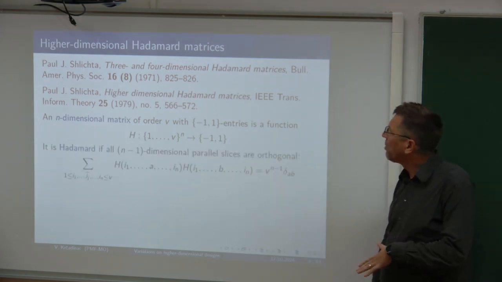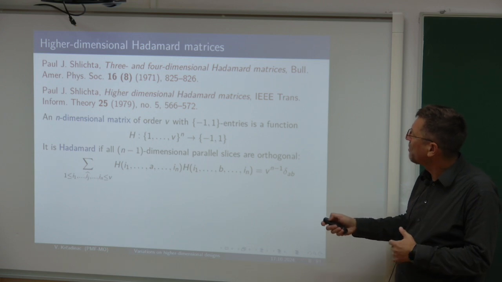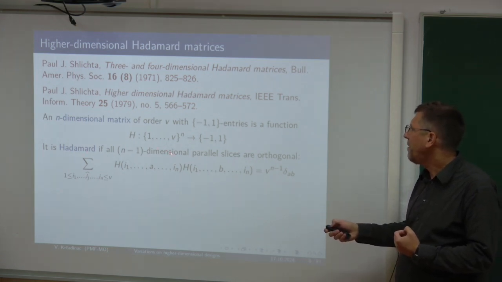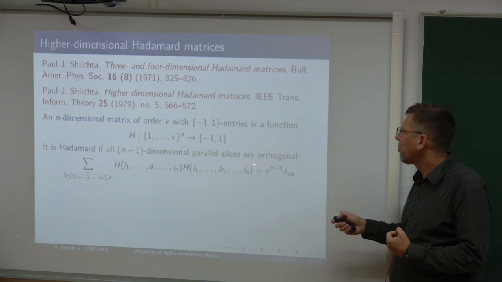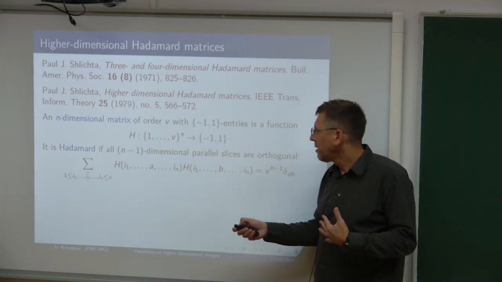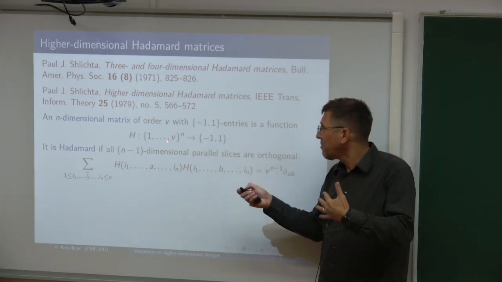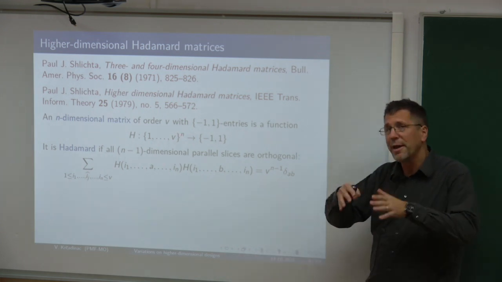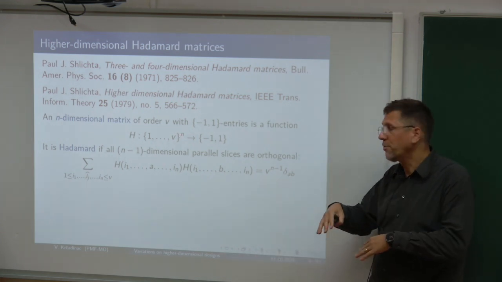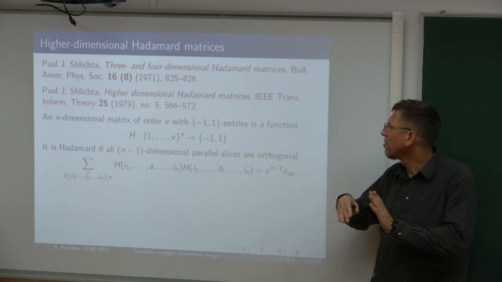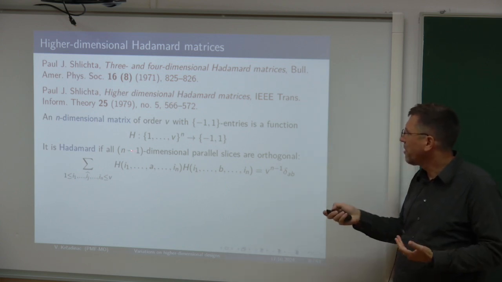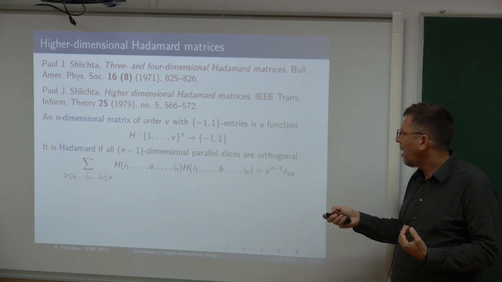I chose another letter. And when is it Hadamard? Well, one way Schlichter said this could be done is if all n minus 1 dimensional parallel slices are orthogonal. So if it's a 2-dimensional matrix, if n is 2, this is just the condition that the rows and the columns are orthogonal. So these n minus 1 dimensional slices are just rows and columns. If it's an n-dimensional matrix, how do you get these slices?